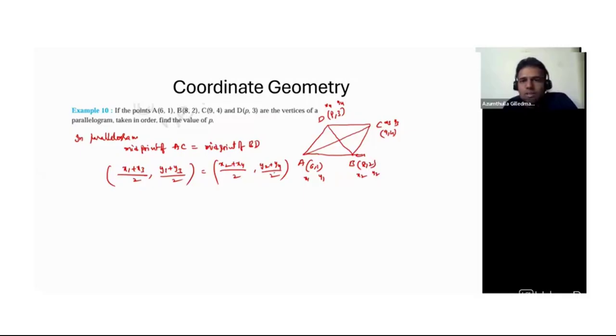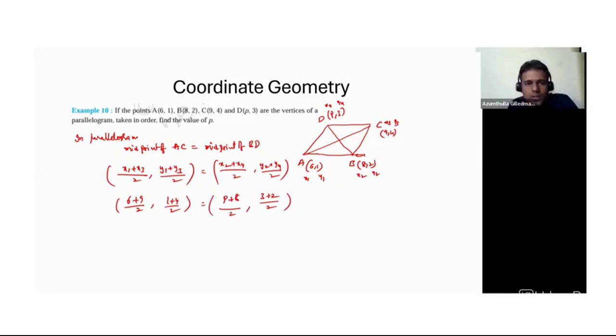So what are x1 and x3 here? (6 plus 9) by 2, comma, what are y1 and y3? (1 plus 4) by 2 should be equal to (p plus 8) by 2, comma, (3 plus 2) by 2.